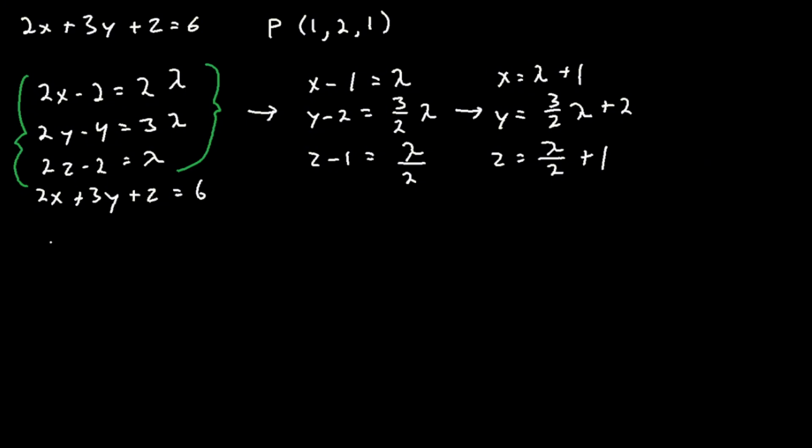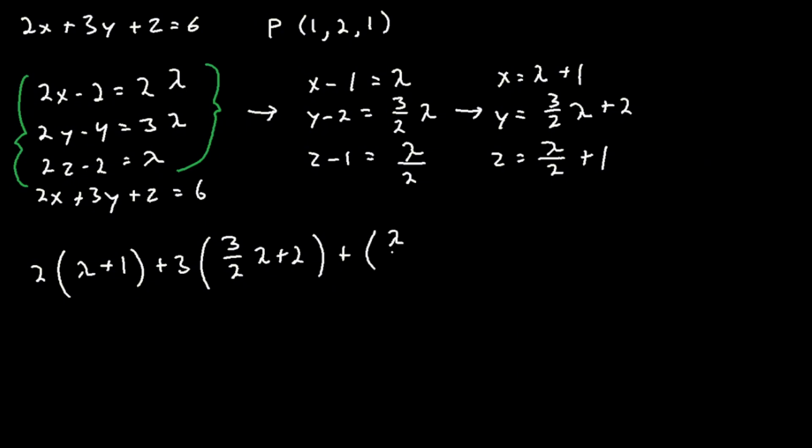Now that we isolated our variables, we can substitute them into our constraint. Let's go ahead and do that. We're substituting x, which is just lambda plus 1, y, which is 3 over 2 lambda plus 2, and z, which is just lambda over 2 plus 1. It's equal to 6.